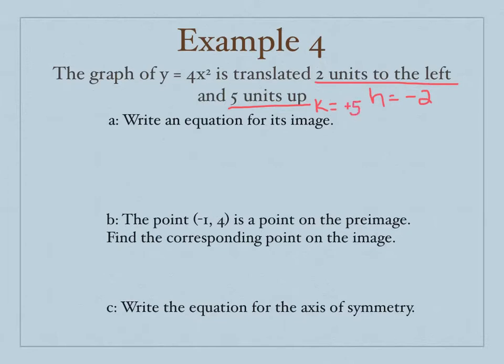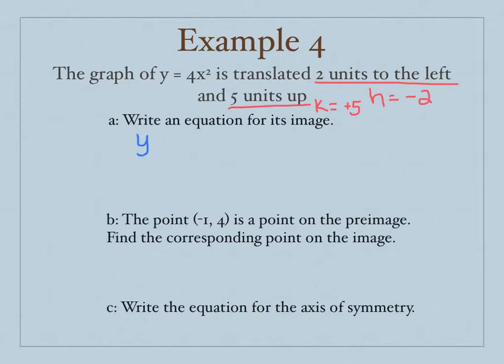Notice that I'm not doing the whole backwards thing. I'm not saying it's moving to the left but I'm going to make it a positive. When you're just looking at it as a translation, the numbers stay exactly what you would think they would be. So 2 to the left is a negative 2, 5 up is a positive 5. When I go to write my equation, I want to keep the formula in mind.